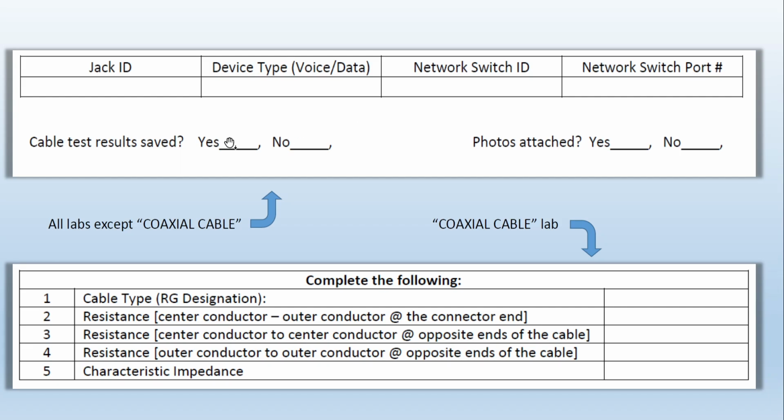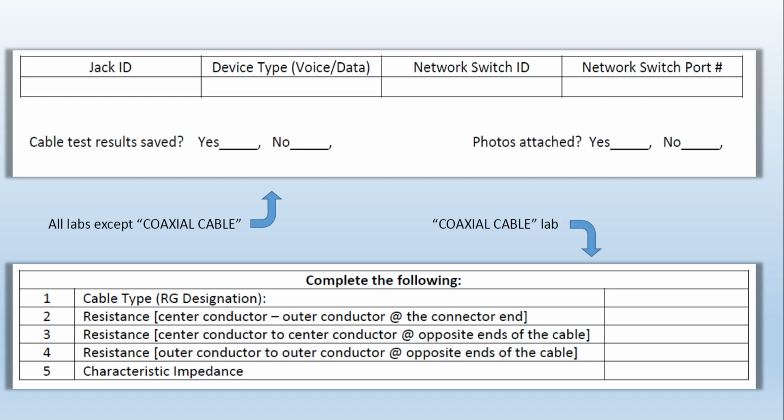Now, here's also an important thing. Cable test results saved or not. Some of the work that we're going to perform is going to involve cable testing, and the cable tests are going to present some results. Sometimes we're just going to take a picture of the test screen, but normally the test in the tester is saved in the tester's memory, then uploaded in the computer and saved in a PDF file.